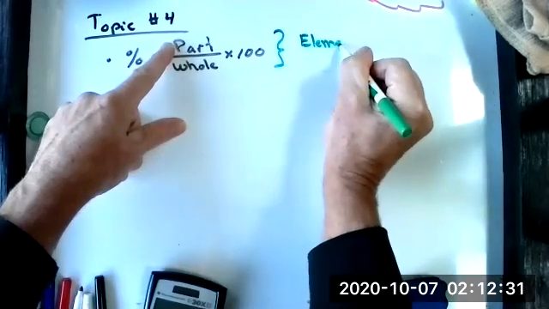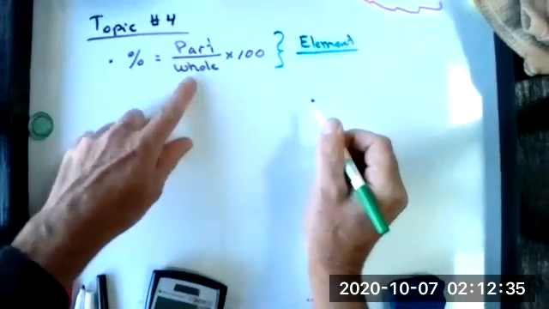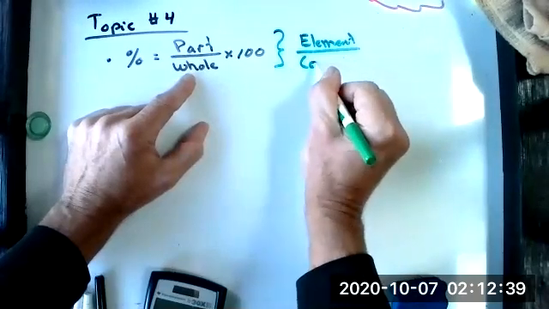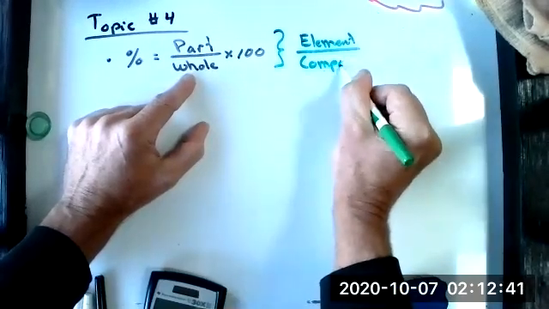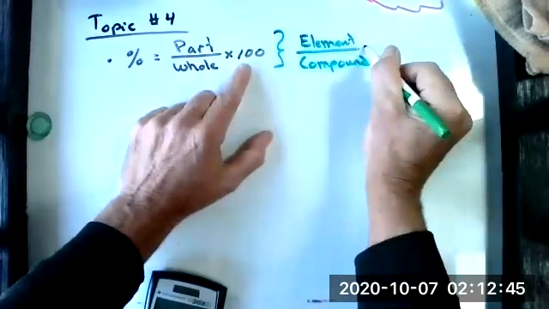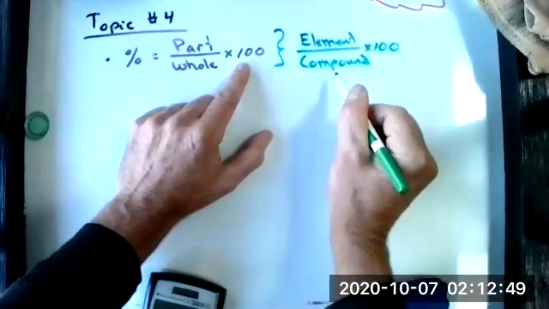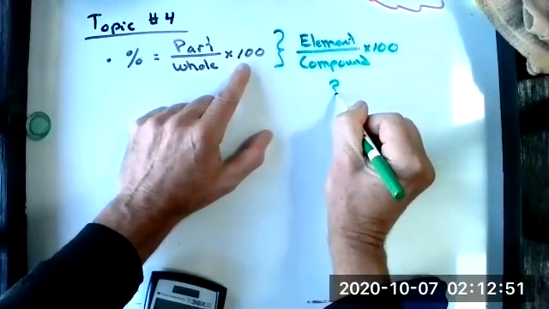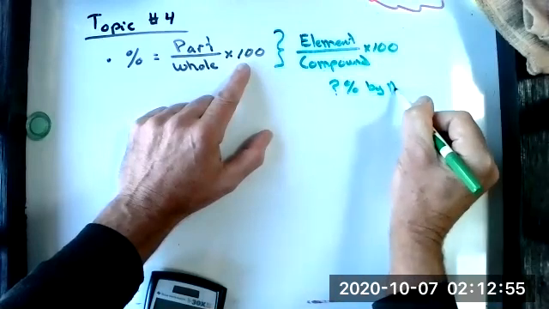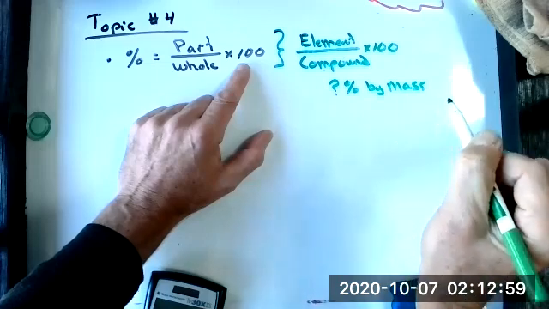So I'm going to put in element. The whole, well, that's too general. I'm in chemistry now, and I'm going to replace that with compound. It's still out of 100. But what I'm trying to find is percent by mass, which you know is the red numbers.